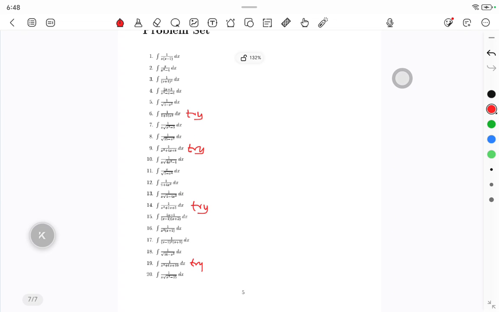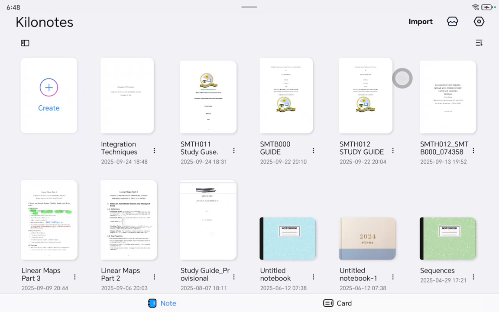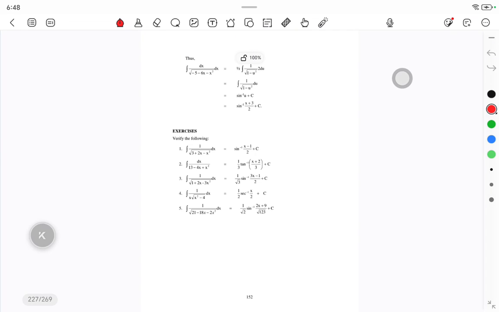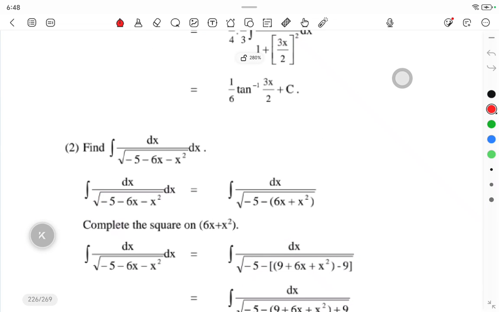Now, let's go back and look at the other examples that we have. Now we're going to focus on the ones that have to do with arcsine, right? Let's say this one, it's arcsine. Yeah. So remember with arcsine, guys, we know what it is that we must focus on.